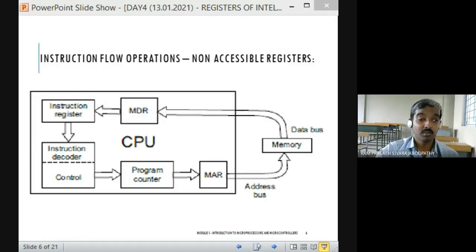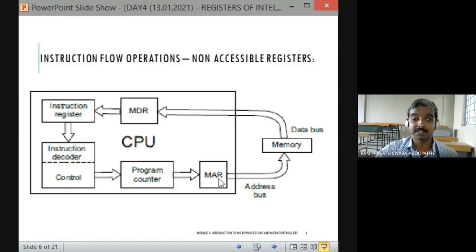So now you have a clear idea. Here we have seen three registers, which are non-accessible registers used by the CPU for internal operation. One is MAR, the memory address register. It temporarily holds the address available in the program counter. Then the MDR register: the information we got from the memory is temporarily stored in the MDR register.